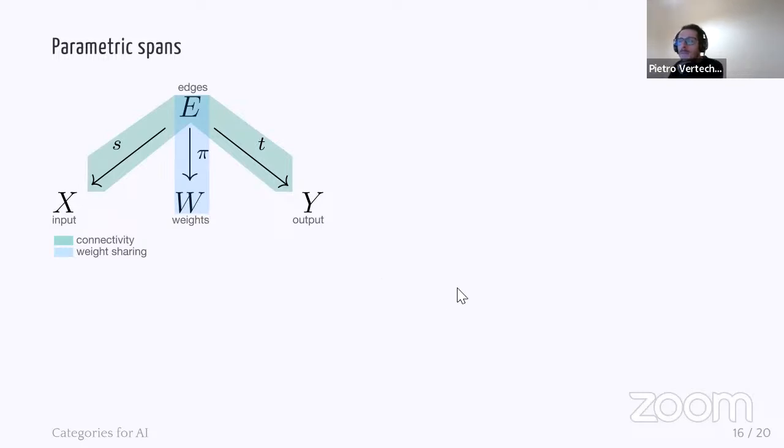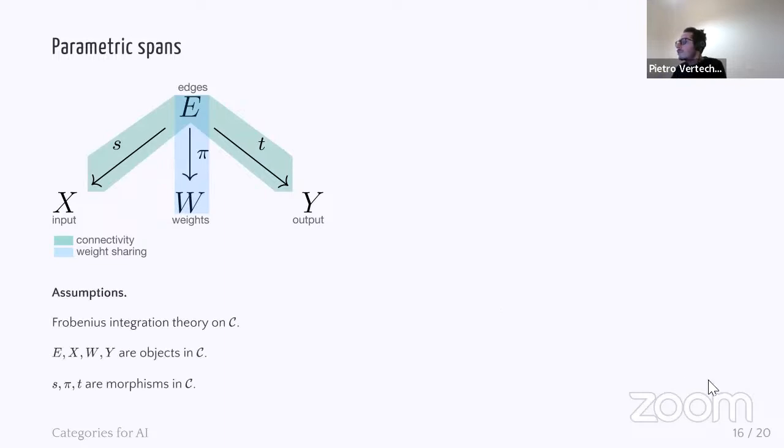And if we furthermore assume that we are living in a category C where we have a Frobenius integration theory, then a parametric span is a diagram in C. So the objects E, X, W, Y are objects in C, and the arrows S, pi, and T are morphisms in C.